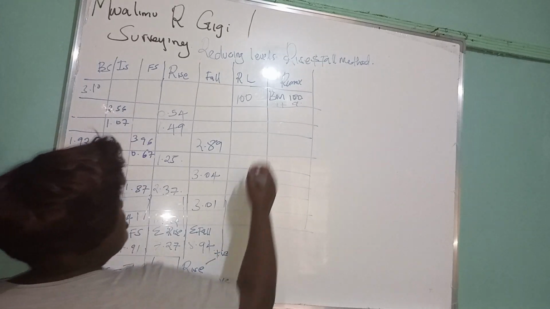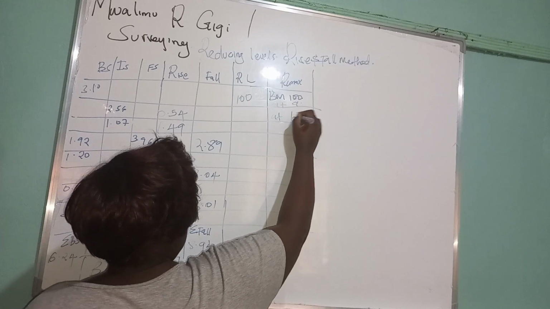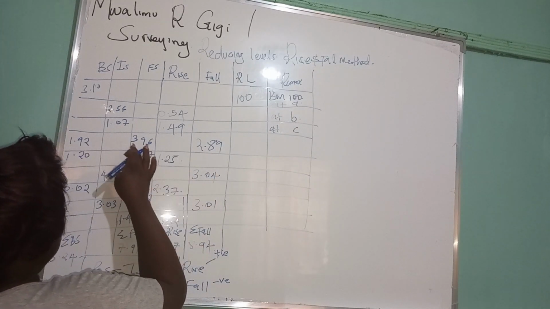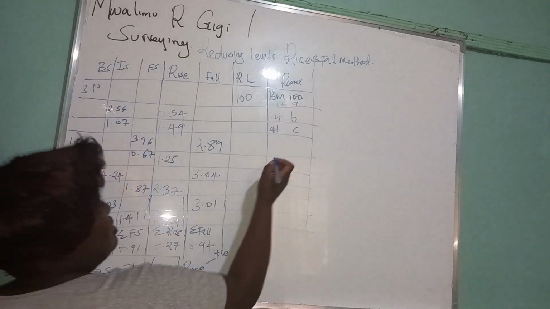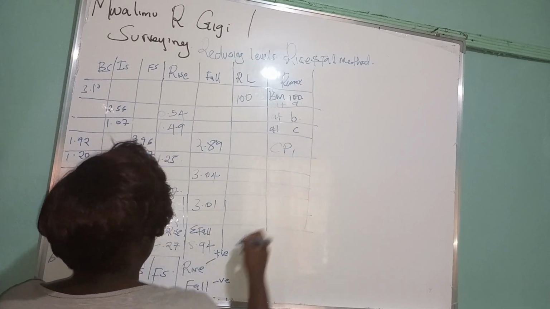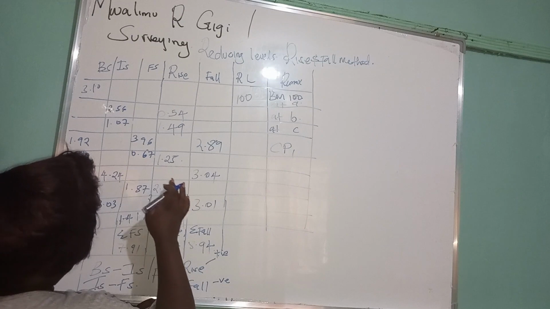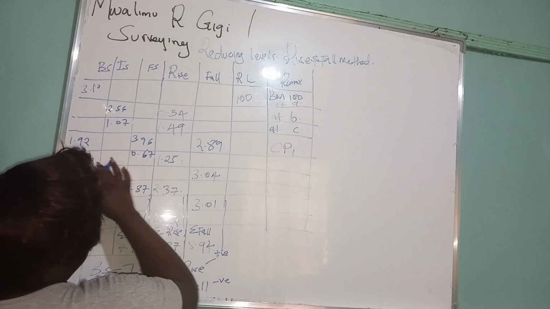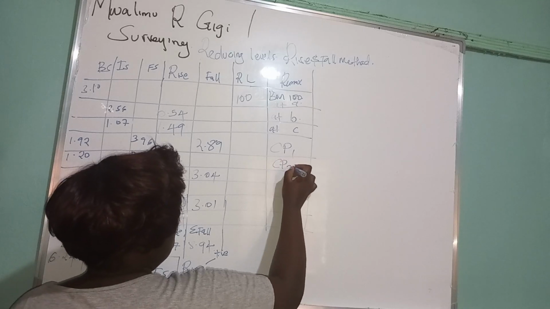Then we see this is at point B. At C, we have a foresight and a backside. So this is change point 1. Then we have another change point, change point 2.